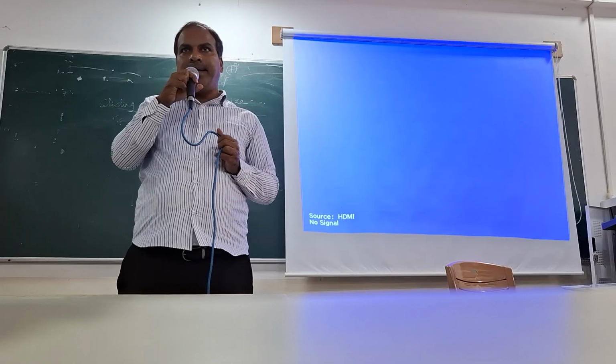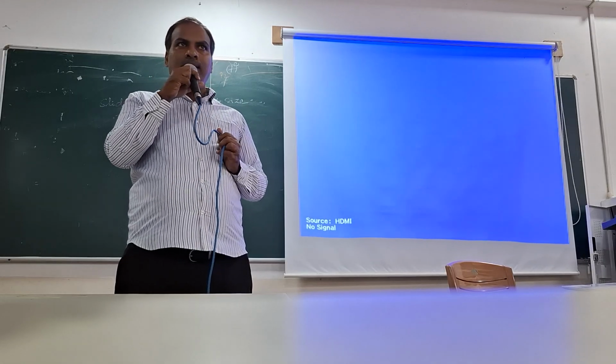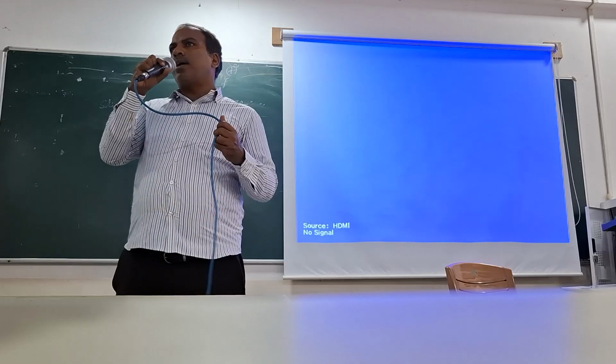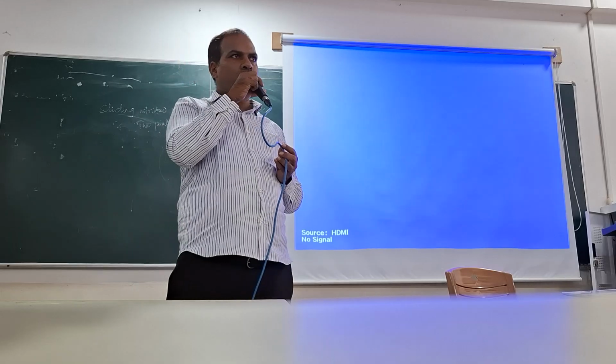Come on, listen, everyone. The question is like this, sir. Find the smallest subarray, or find the minimum length of the subarray, whose sum is greater than or equals to k.